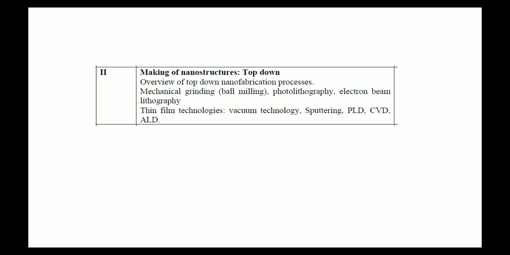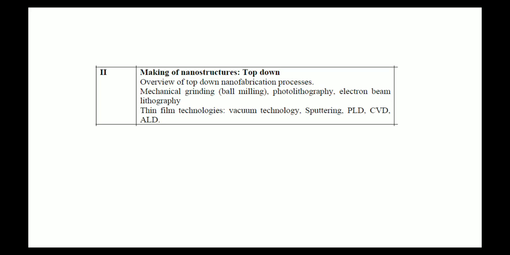So if you know what a nanomaterial is, you are also familiar with different types of nanomaterial, that is, three-dimensional, two-dimensional, one-dimensional, and zero-dimensional nanomaterials.